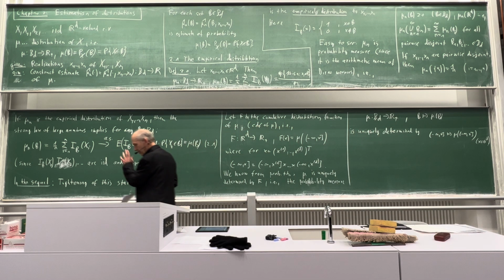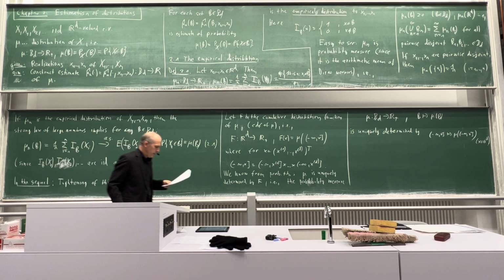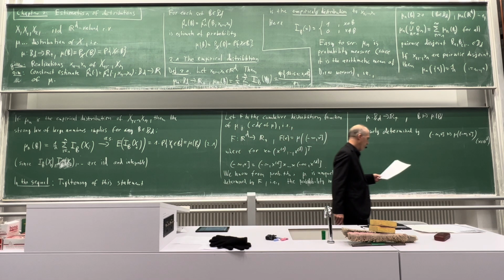So this is a somehow important function related to the distribution, and now we want to estimate it. The straightforward thing is to estimate it by the cumulative distribution function of this estimate of the distribution. So we can estimate F by the CDF of mu n.